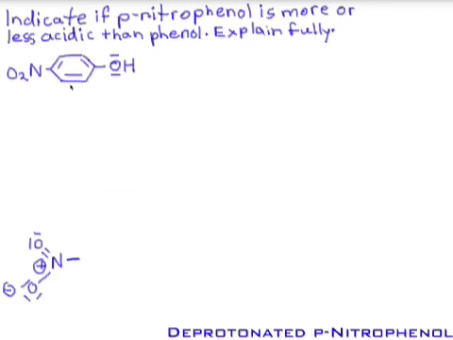So in order to evaluate the acidity of the p-Nitrophenol, I have to deprotonate it, react it with some base, and measure the stability, if you like, of the resultant anion. So I get NO2 here.